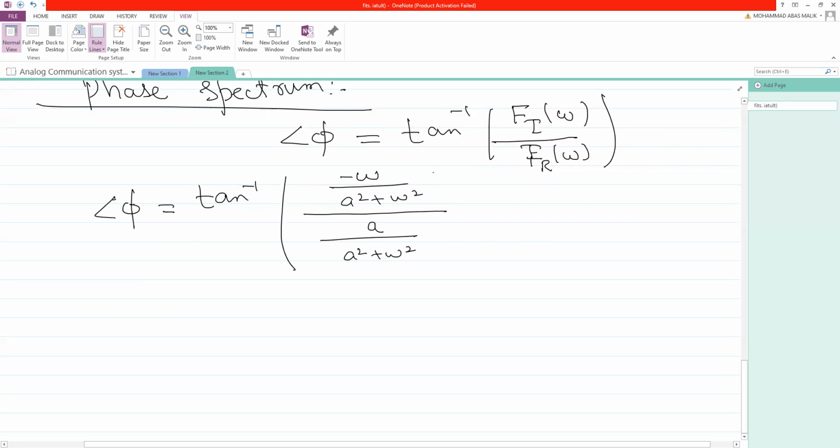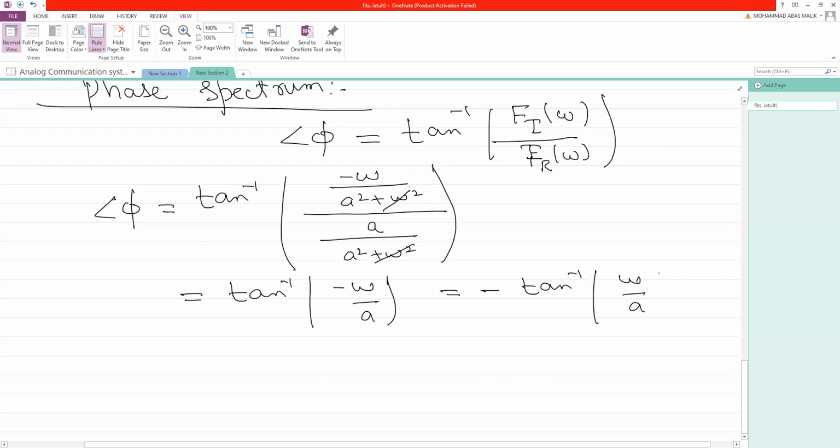Well done. So can I say this and this cancel out? So you have tan inverse of minus omega by a. This minus will be taken outside. So your phase value in this case will be equal to minus tan inverse of omega by a.